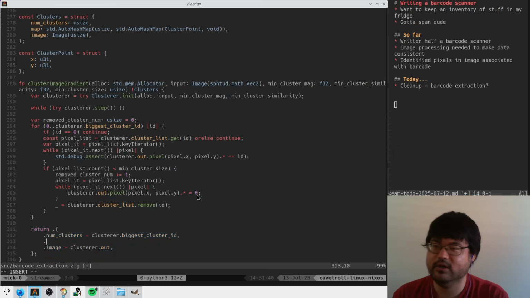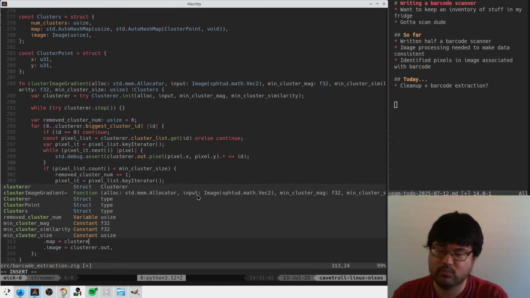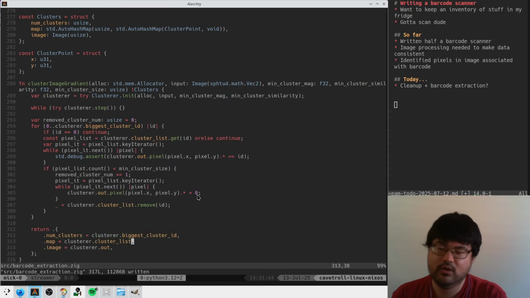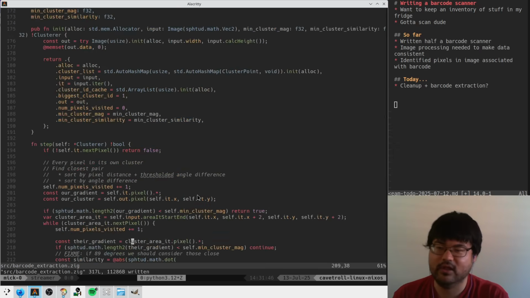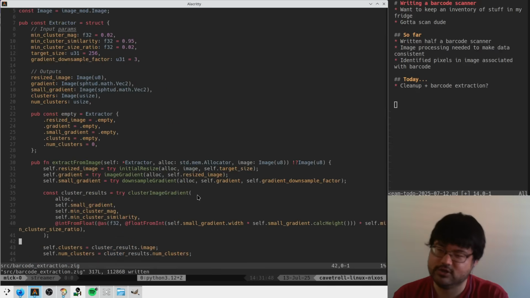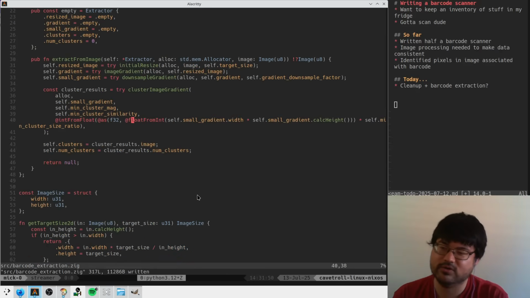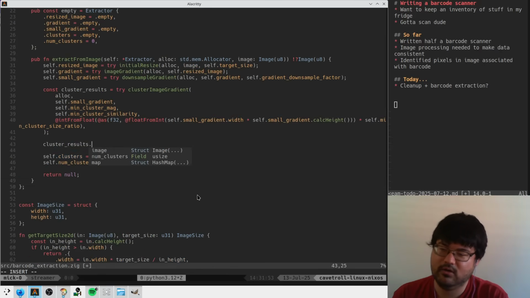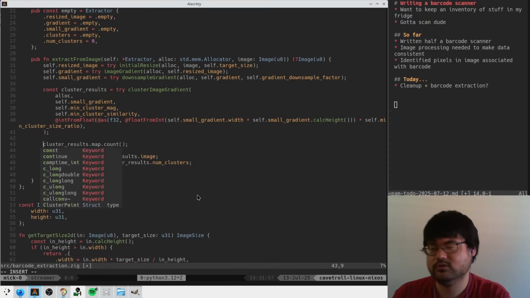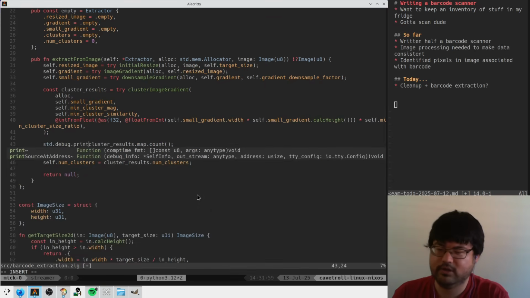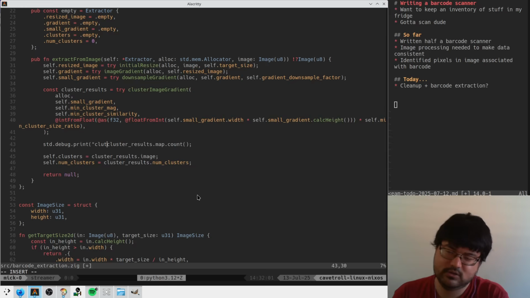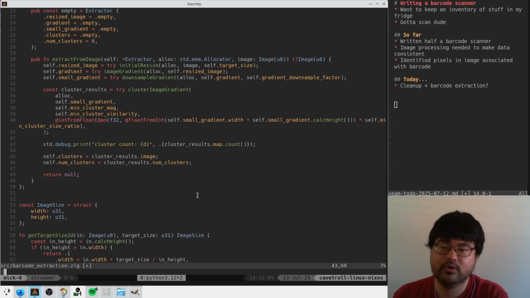So I think all we have to do here is return the map of cluster list. And can we just make sure that the output of this thing is not bad? Let's do a std debug print of the cluster count. Yeah, let's do this.